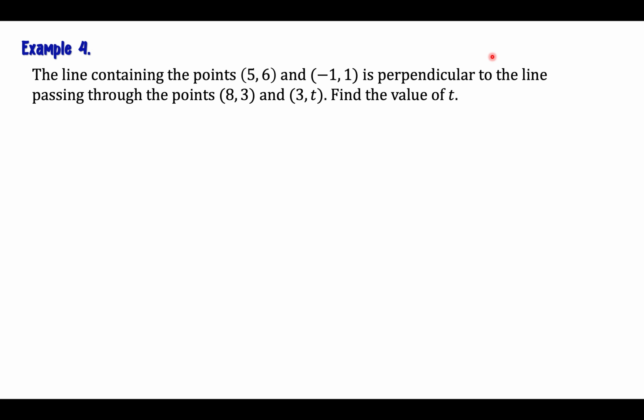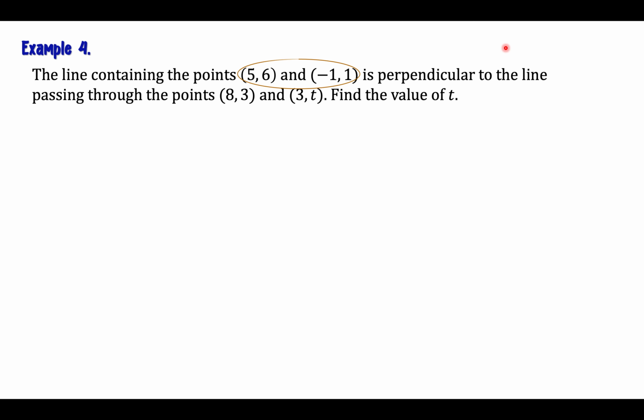Last example here. So we are to look now for the value of t. This problem says that the line containing the points 5, 6, and -1, 1 is perpendicular to the line passing through the points 8, 3, and 3, t. So we're to look for t.